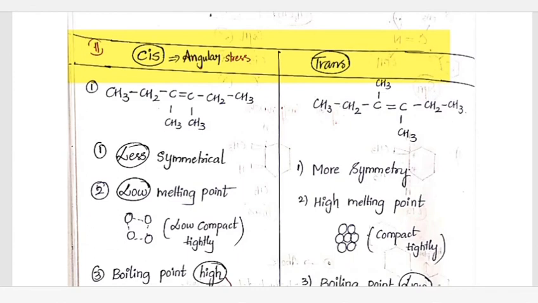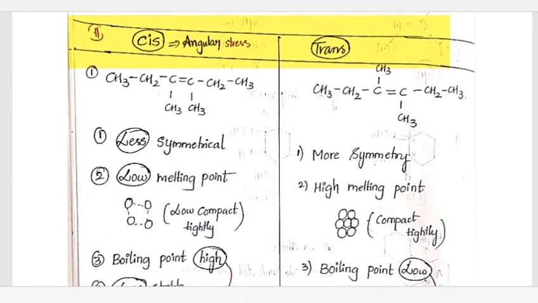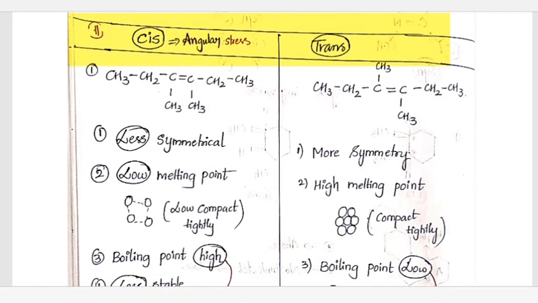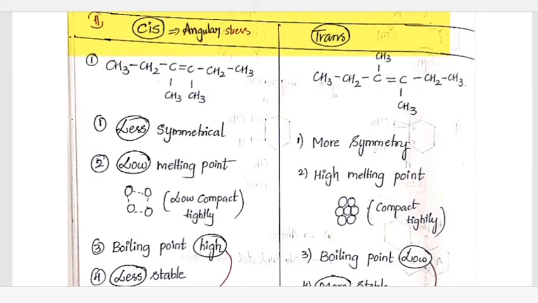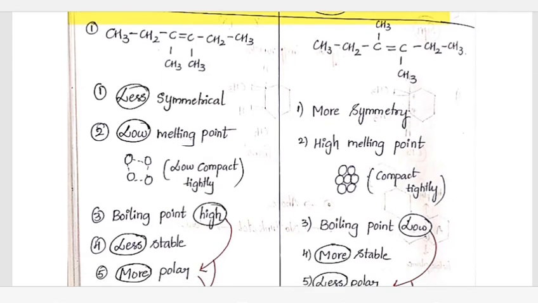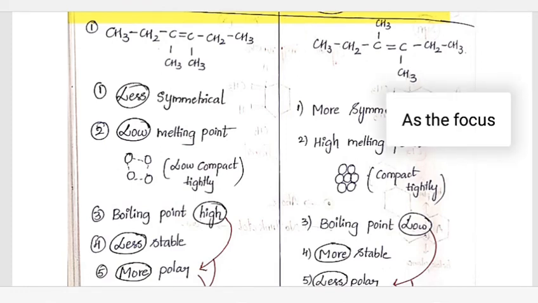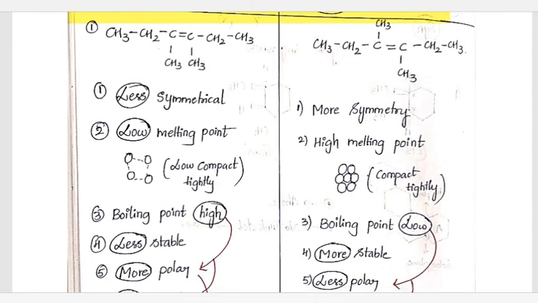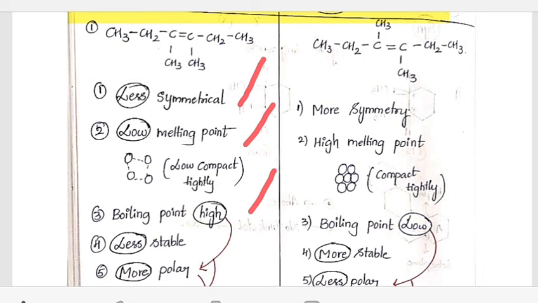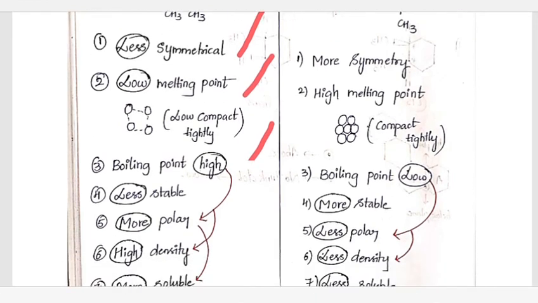And what is the difference between cis and trans? In cis, they have angular stress because the bulky groups are present side by side. That's why they may have angular stress. But in trans, the groups are opposite, so there is little chance of angular stress. I showed some examples. Cis compounds have less symmetry and a low melting point, and the boiling point is high for cis compounds compared to trans.